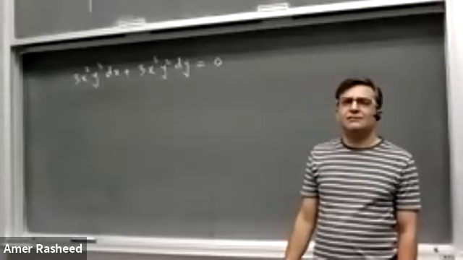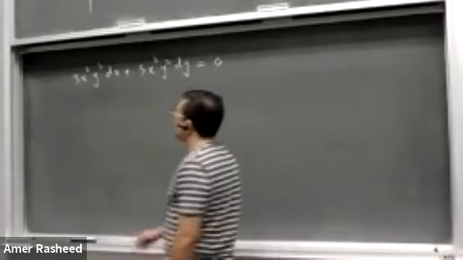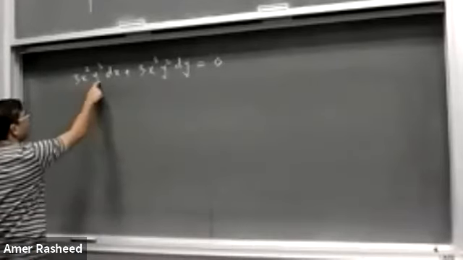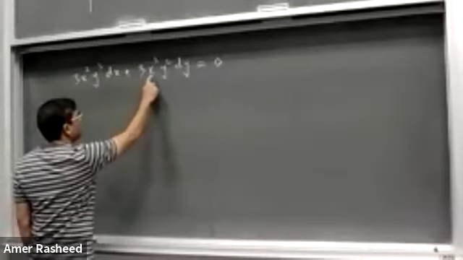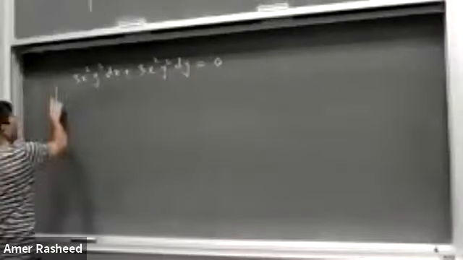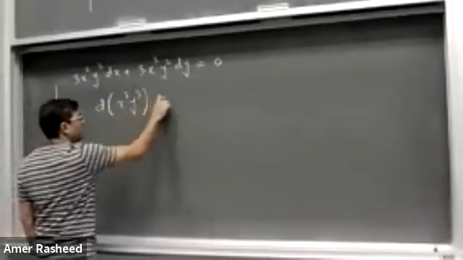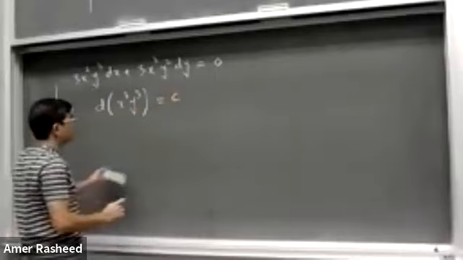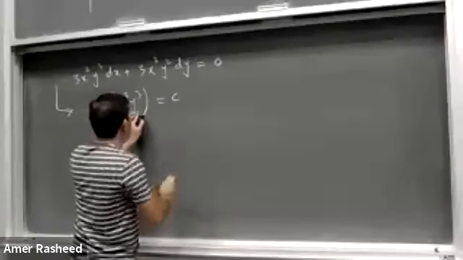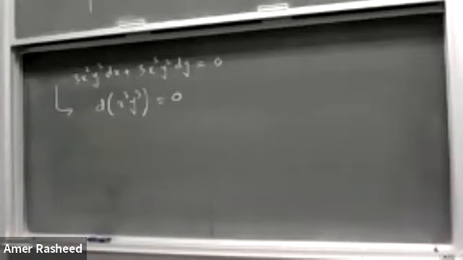It's very easy. 3x square y cube dx plus 3x cube y square dy. Simply, I think we can write the differential of x cube y cube is equal to 0.